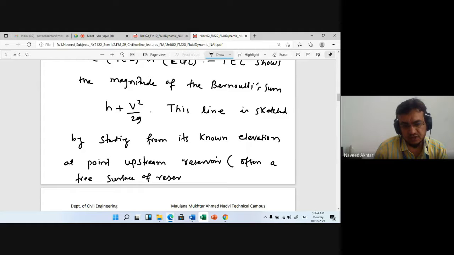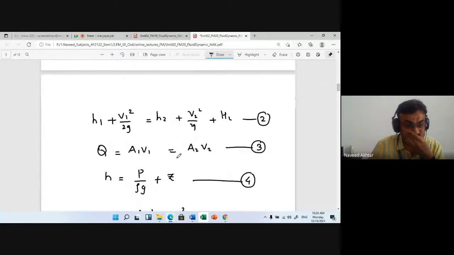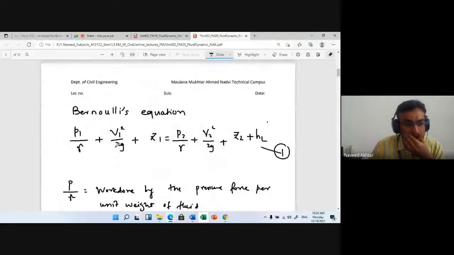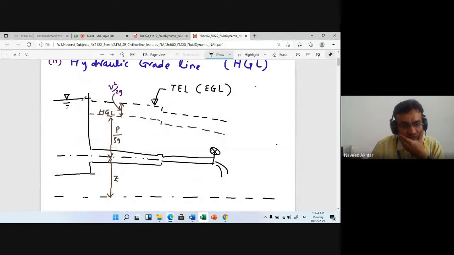It starts from the free surface of the reservoir. So from the figure also you can come to know that it starts from the free surface of the reservoir.